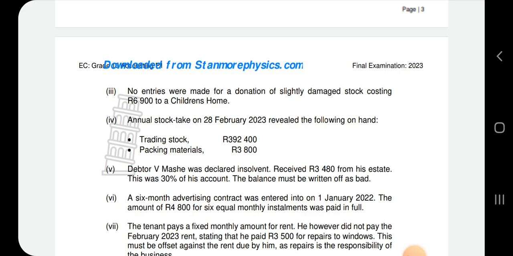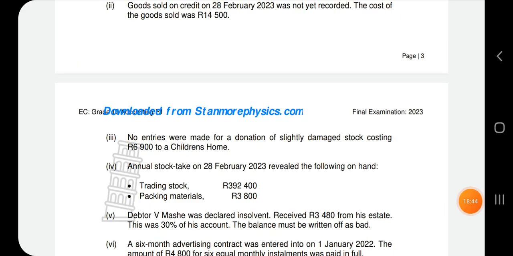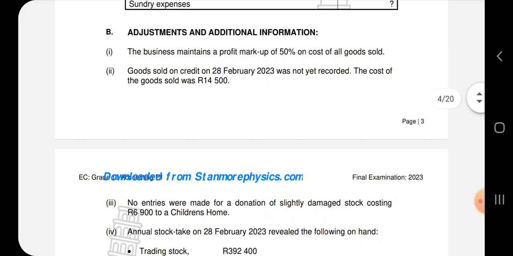So what you do, let's remember that adjustment number 2 says goods sold on credit on 28 February 2023 was not yet recorded. So the cost was 14,500.